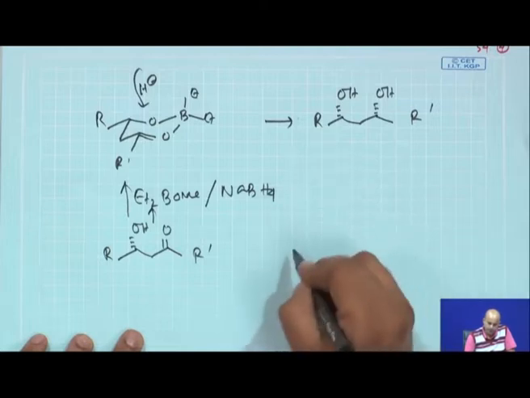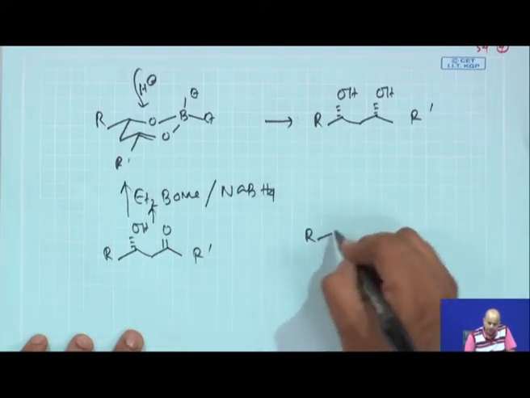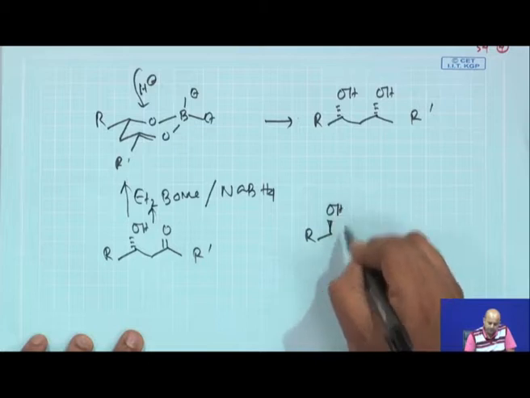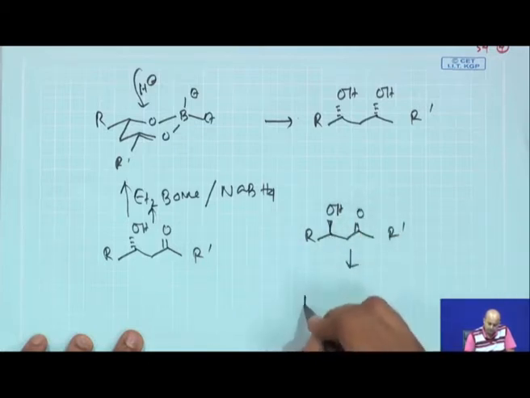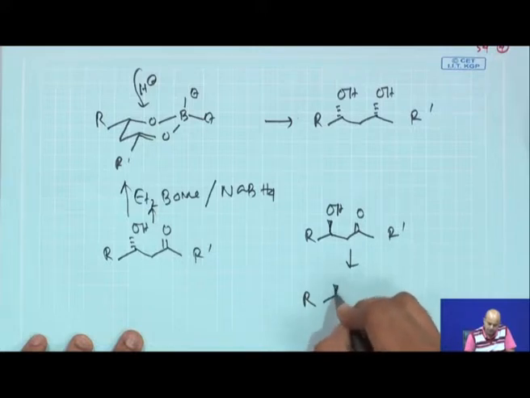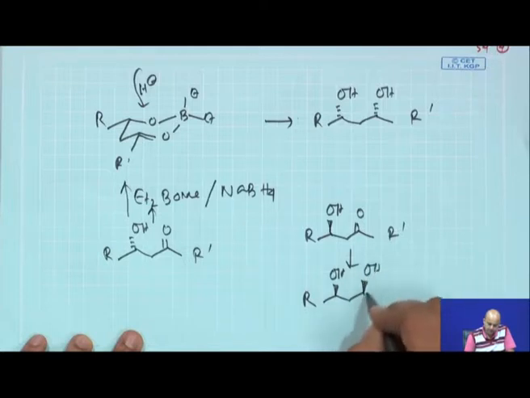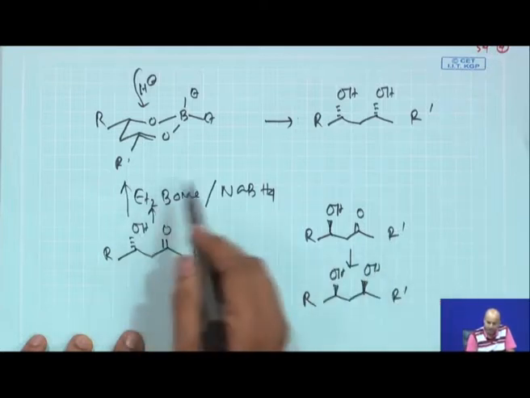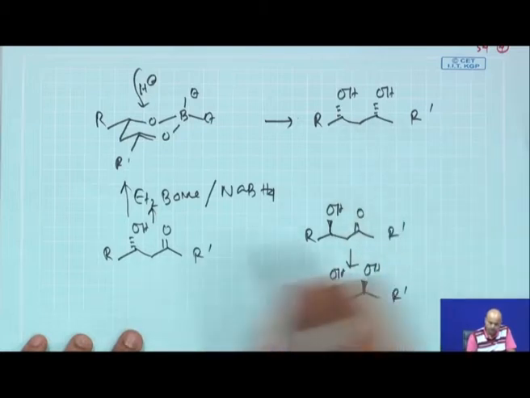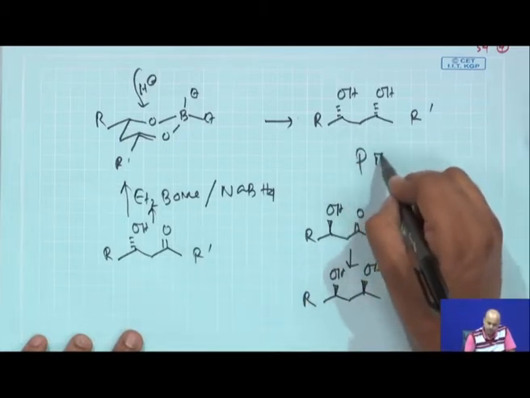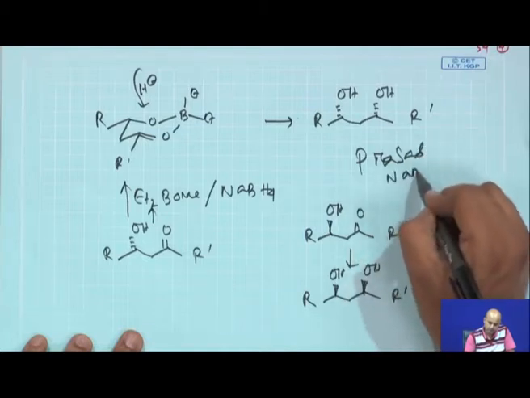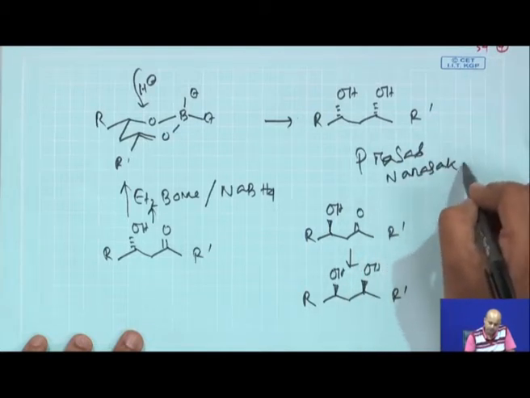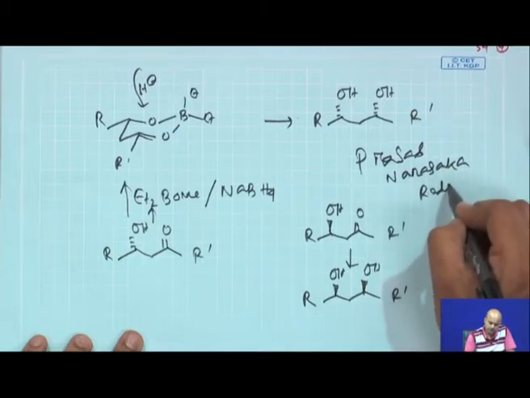If you have the parent alcohol this way, you will definitely get the other syn diastereomer. As obvious, the same mechanism will operate. So, this is the Prasad-Narasaka reduction. It is very famous.